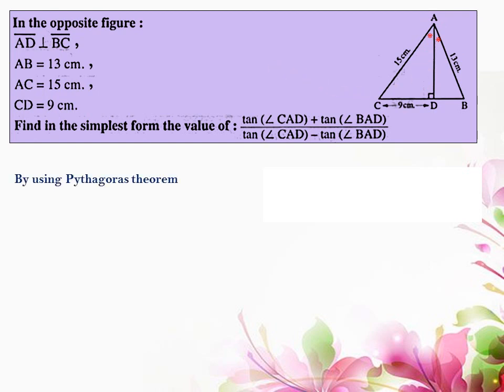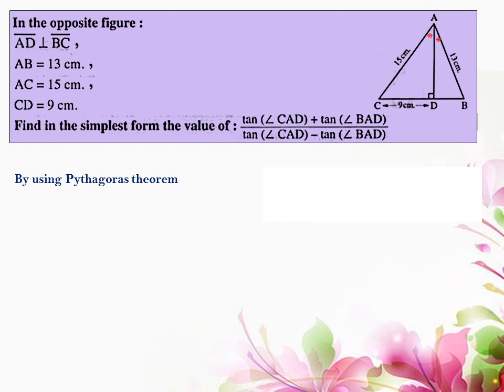First of all, by using Pythagoras theorem, we can find the side AD and the side BD. In the triangle ADC, we can get the length of side AD. AD is a side of the right angle.